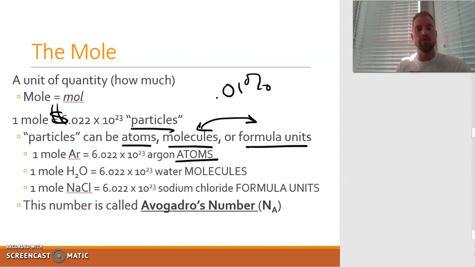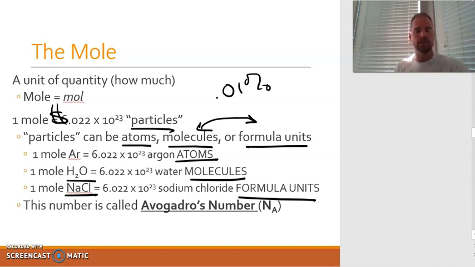If I had 1 mole of water, H2O, well, what is water? It's not an atom. It's a molecule. So we'd want to say we had 6.022 times 10 to the 23rd molecules. If I had 1 mole of NaCl, NaCl technically is an ionic compound, so we would say we have that many sodium chloride formula units. But like I said, for right now, it's okay for us to just refer to it as a molecule.